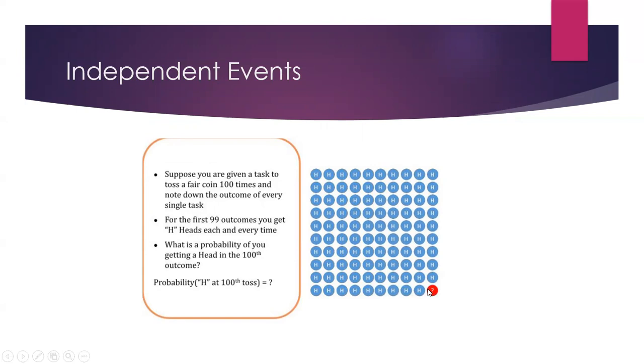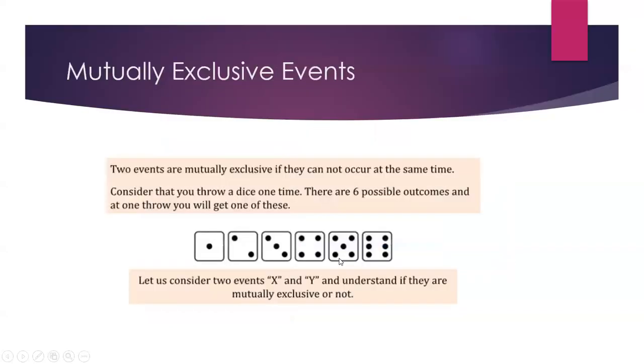Whether we get head or tail, it is independent of the previous events. It is not dependent on the previous events, which is basically called independent events. The next one, mutually exclusive events.